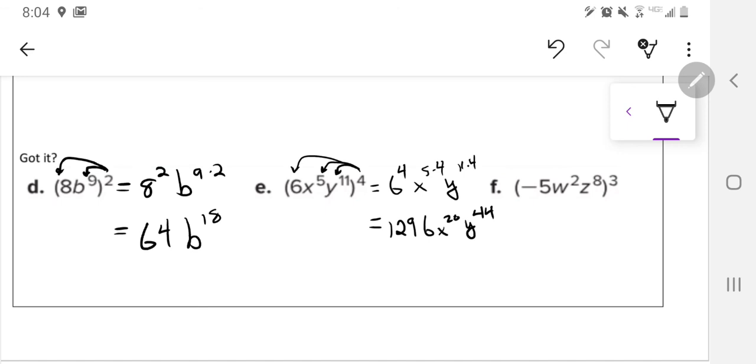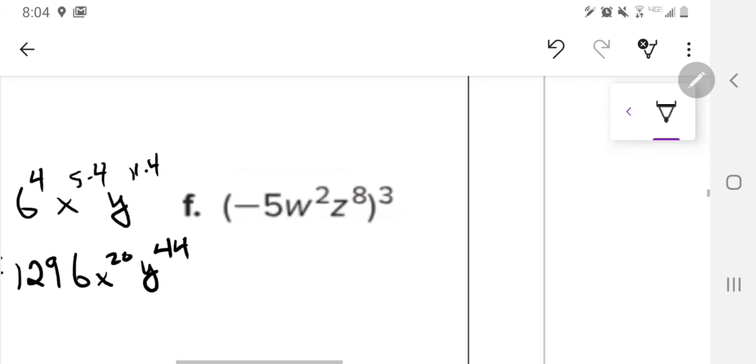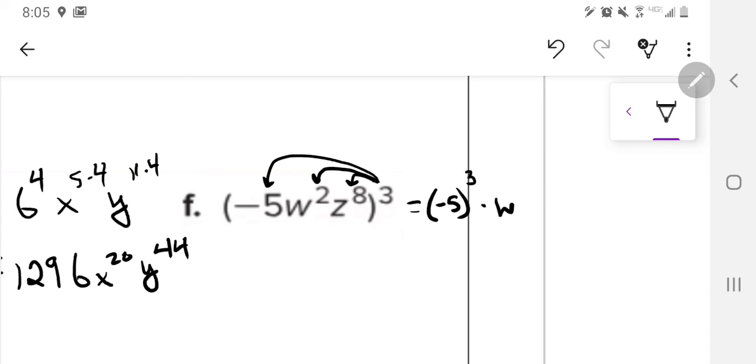Wow. All right, I'm going to expand mine a little bit so I have a little more room to work here. I have the -3, -5 to the 3rd, w to the 2nd to the 3rd, and z to the 8th to the 3rd. Make sure you put those negative numbers in parentheses. Get in that habit. Then we have the w to the 2nd to the 3rd.